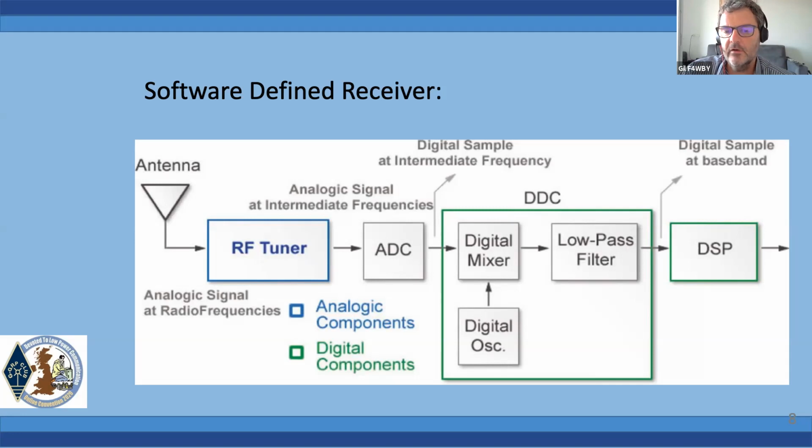Then we have all kinds of digital components: a digital oscillator, digital mixer, low-pass filter, all of which is done by software. So the advantage, of course, is that all that can change. It's not set in stone like in a regular radio. And I can't see the right of it there, but after that, you have digital signal processing. And that's also a great advantage, although that can be added to regular radios as well.